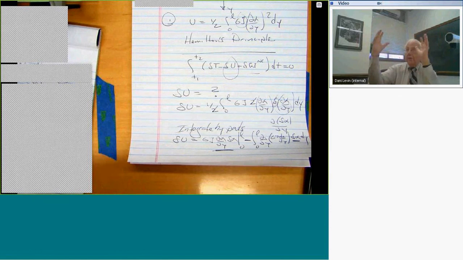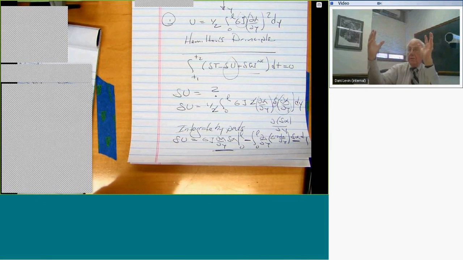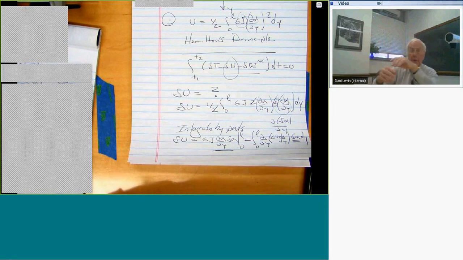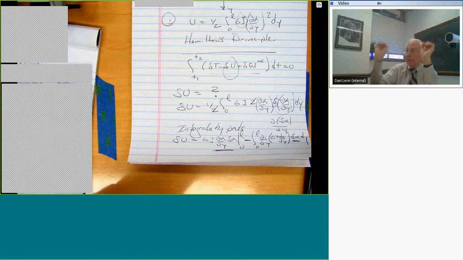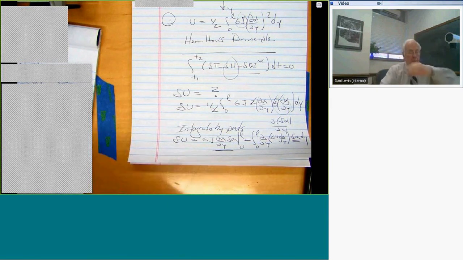I'm going to argue that the total coefficient of del alpha must be 0. Why? Because this is an imagined change in alpha. It can be anything I like, and if it can be anything I like, the only way the integral can be 0 and Hamilton's principle can be obeyed is if the coefficient itself is 0, right?